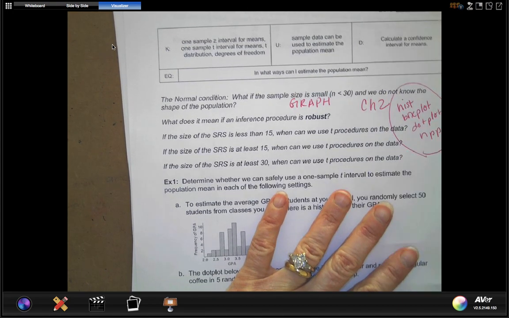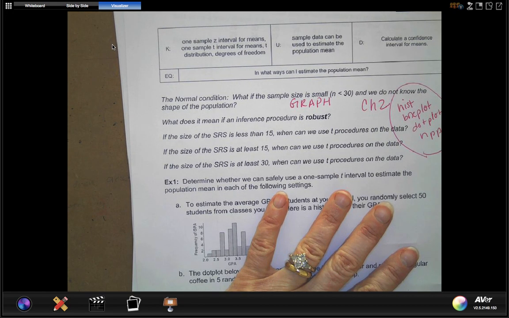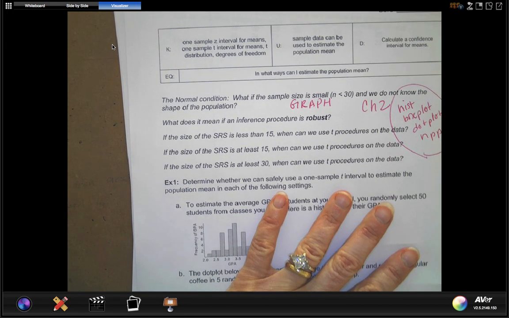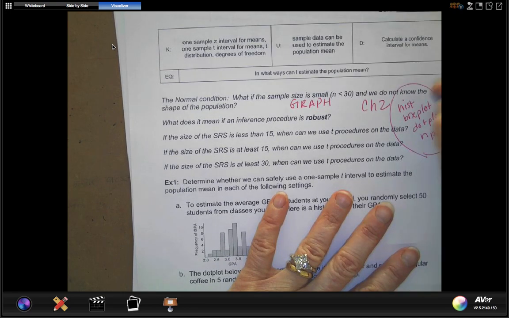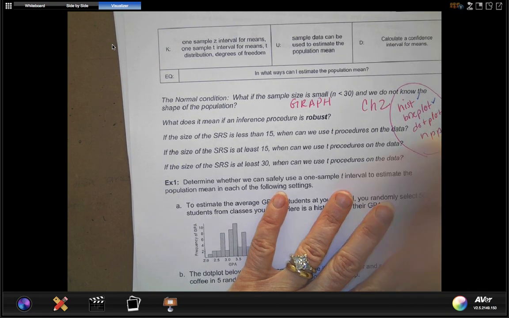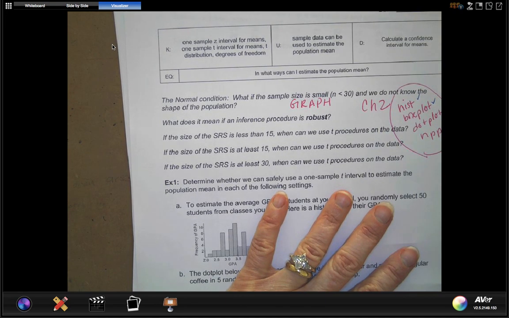So any of these things you could look at to kind of figure out, is my data normal or not. We could also look at a stem and leaf plot. I'm going to focus on the histogram, box plot, and the normal probability plot because those are the ones that the calculator can do for me, okay?